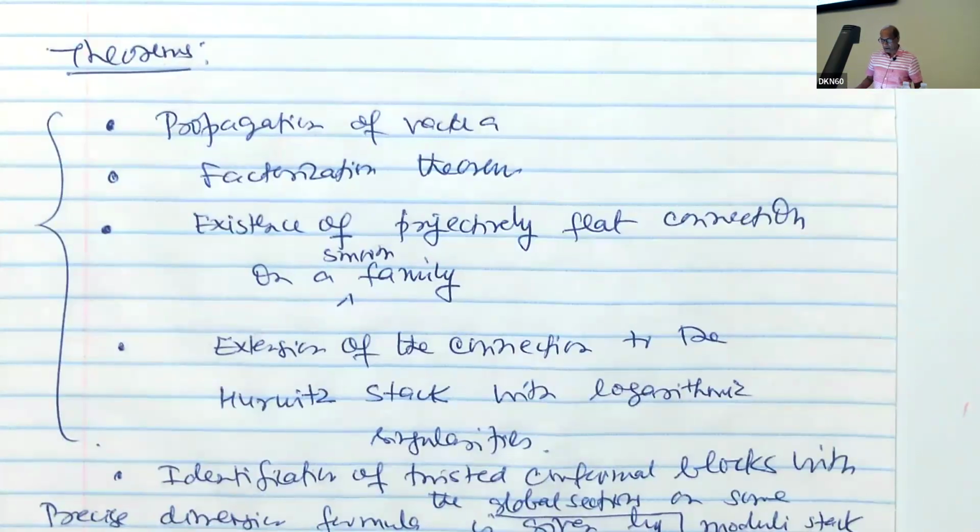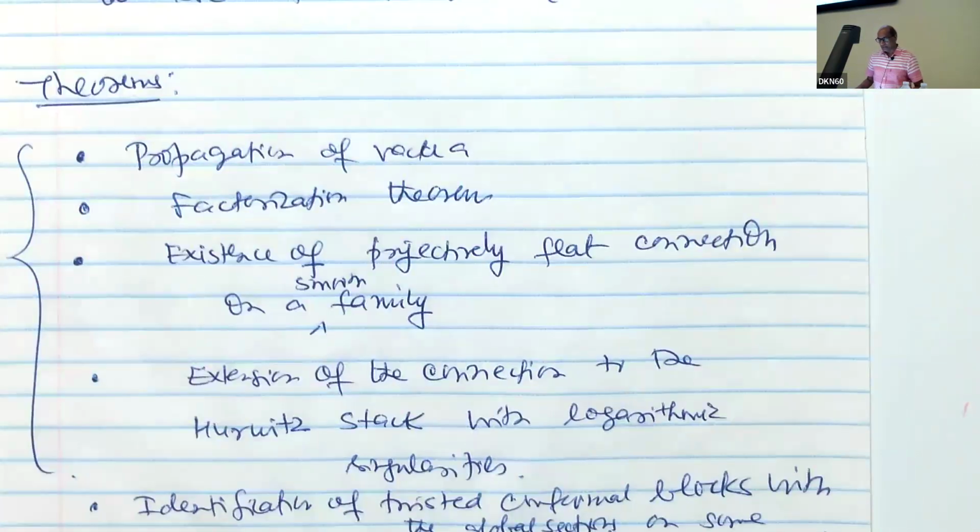I will only say that Jiuzu Hong and I have three papers on the subject. They are all on arXiv. Actually, they are all more or less published. Altogether it's a long project, something like 140 pages, which covers the whole theory in detail with all the detailed proofs.